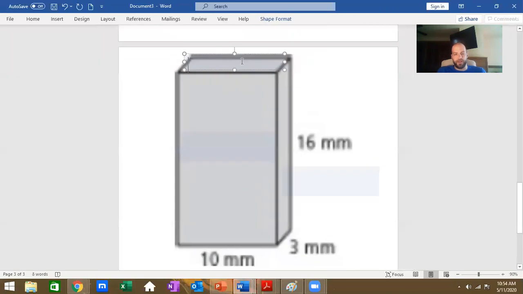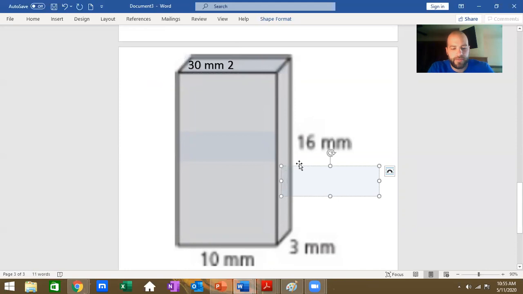So you can look up here and say 10 times 3 is 30. So the top is 30 millimeters squared. So that's what the top face is, and the top face goes up and down 16.